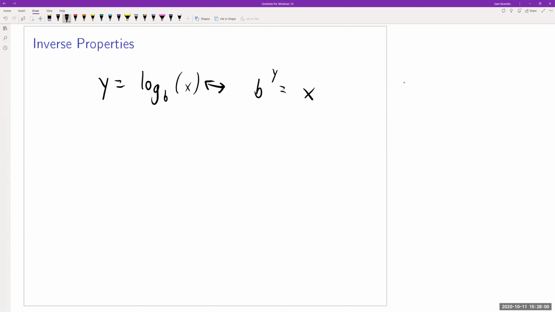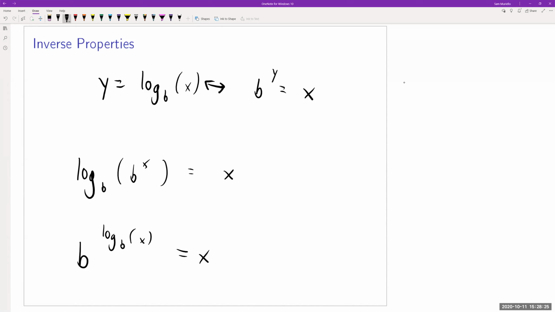So we obtain properties where log base b of b to the x is equal to x, and b to the power of log base b of x is equal to x as well. These functions being inverses of each other, they fully cancel each other out.